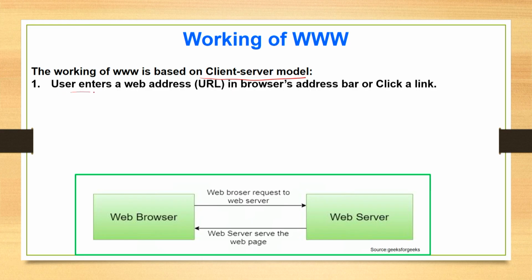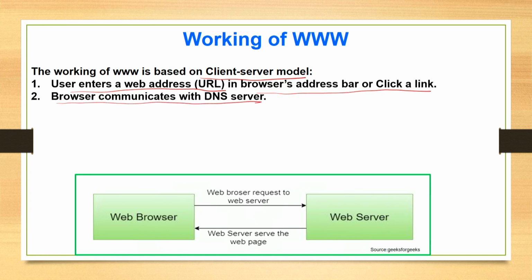The user enters a web address, that is the URL, or what we call a uniform resource locator, in the browser's address bar, or may click a link. Suppose you say www.google.com, this is the URL entered. Then what happens? The browser communicates with the DNS server.